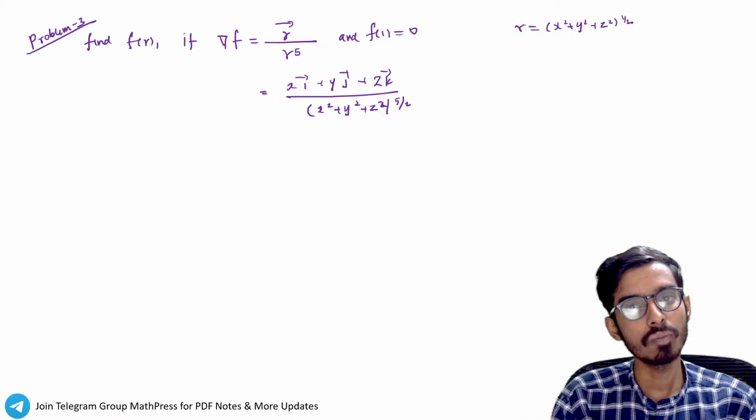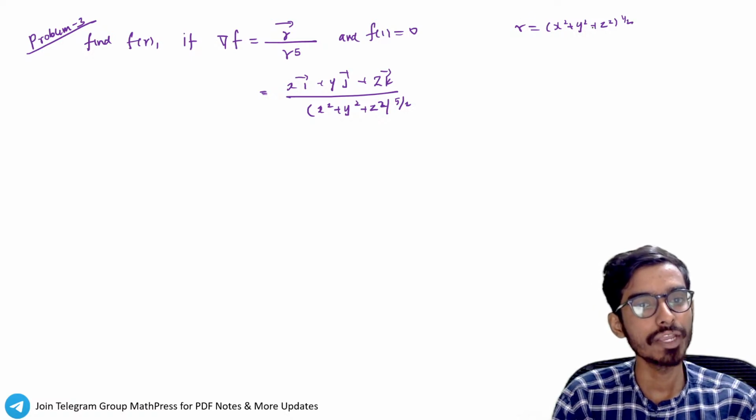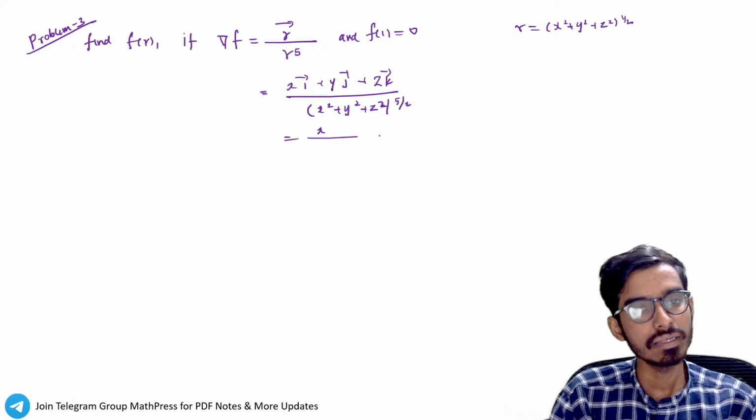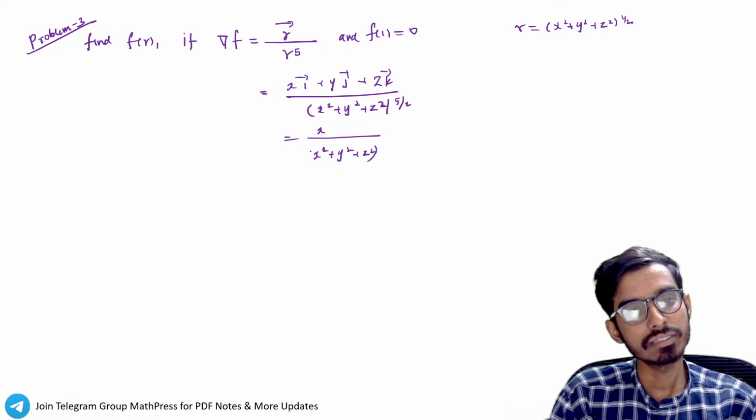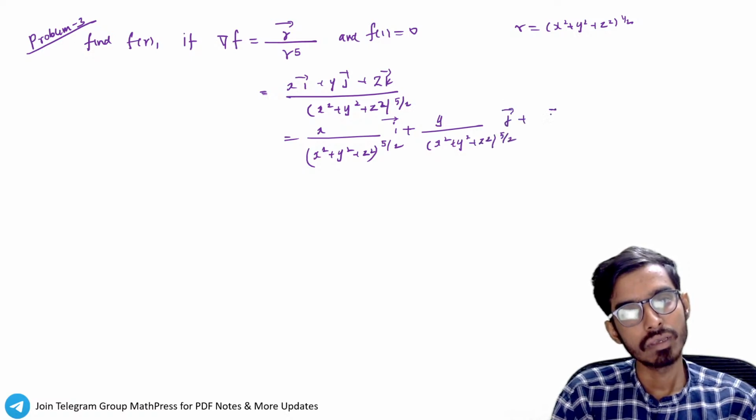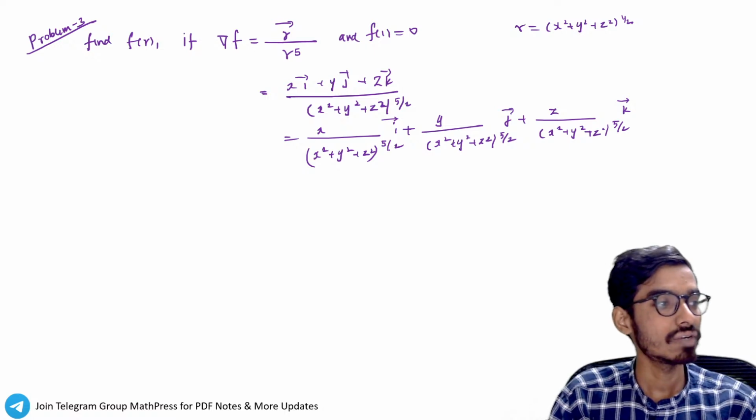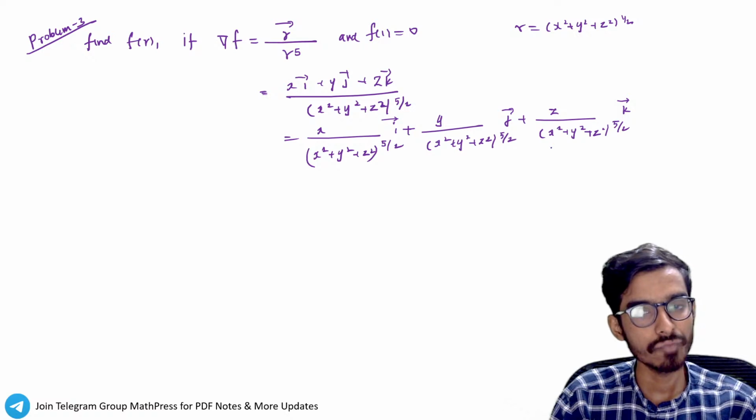Now you can individually divide each term. So x divided by x square plus y square plus z square whole power 5 by 2 into i, plus y divided by x square plus y square plus z square whole power 5 by 2 into j, plus z divided by x square plus y square plus z square whole power 5 by 2 into k. Now this will take so much time, right? This is dou f by dou x, this is dou f by dou y, this is dou f by dou z.